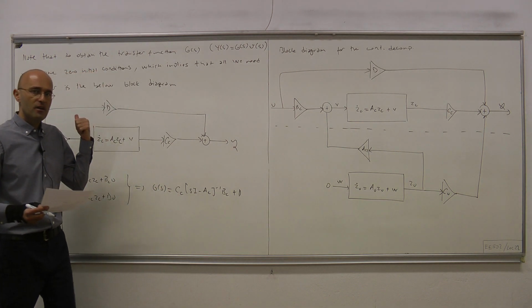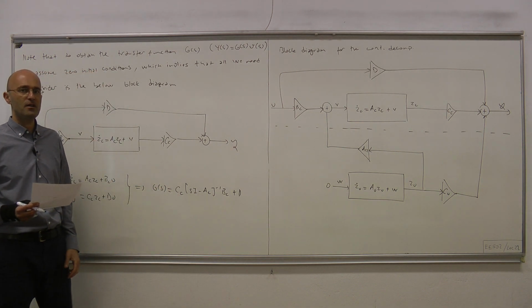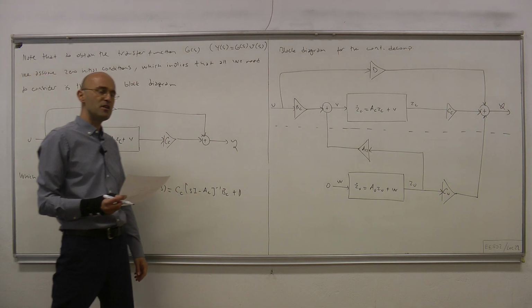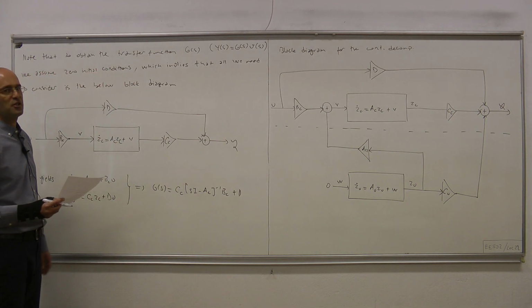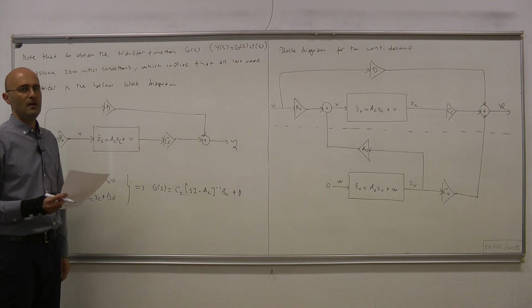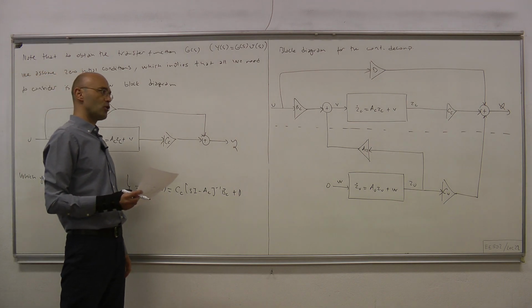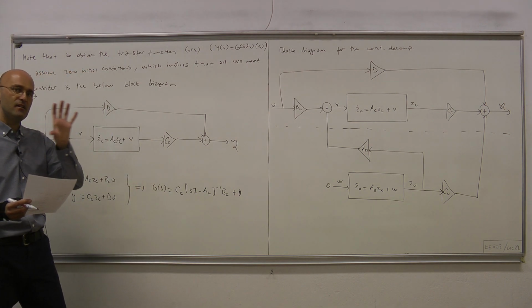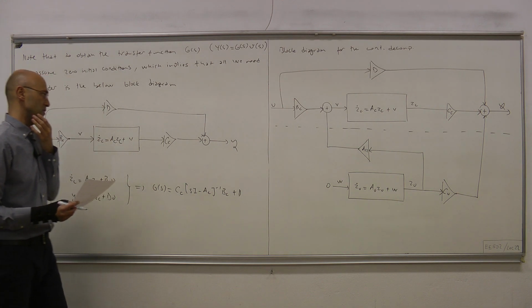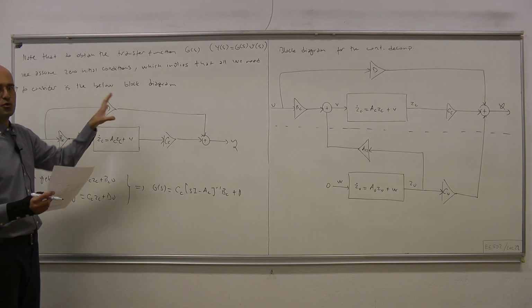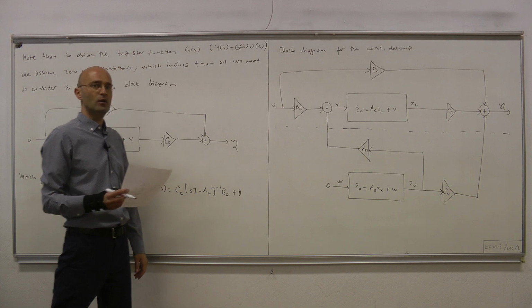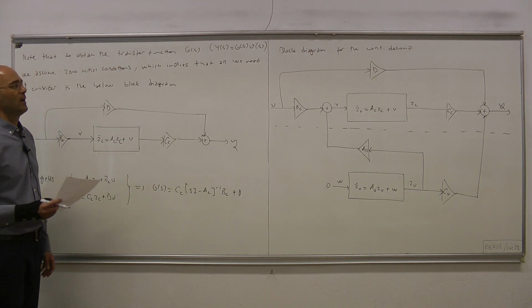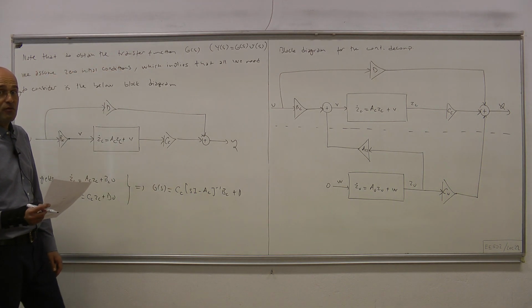We start with some general system, x dot equals Ax plus Bu, y equals Cx plus Du. We put that system into the controllable decomposition and obtained A tilde, B tilde, C tilde, and D matrices. Since those two representations are algebraically equivalent, they must have the same transfer functions.